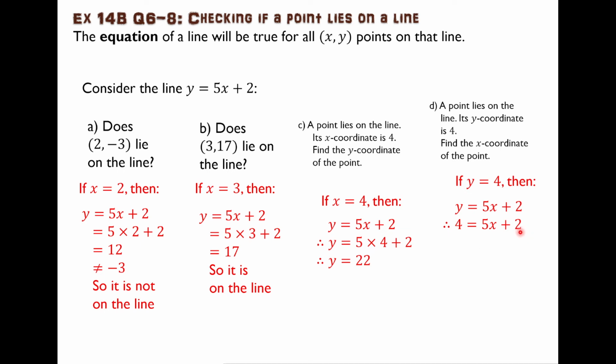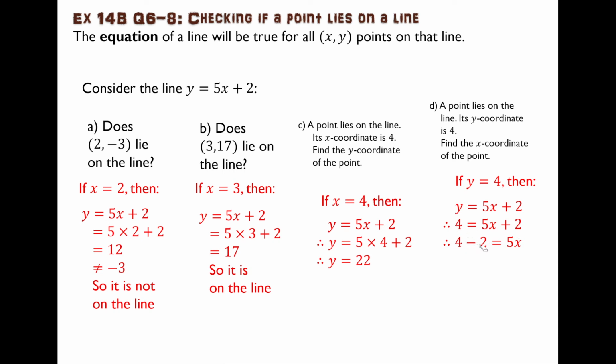Now I can figure out what x is. There are a few ways of doing this. One way is to note that I have one term on this side and two terms on the other side. This term is positive 2, and I can move the term to the other side where it becomes the opposite. It was positive 2. When I move it to the other side, that term will become negative 2.